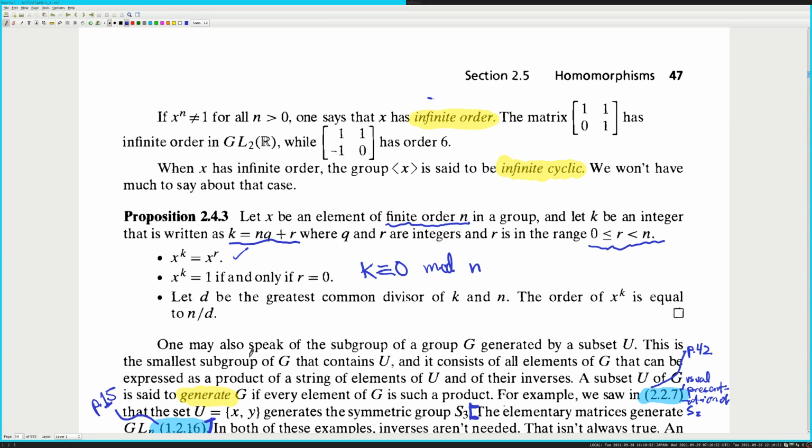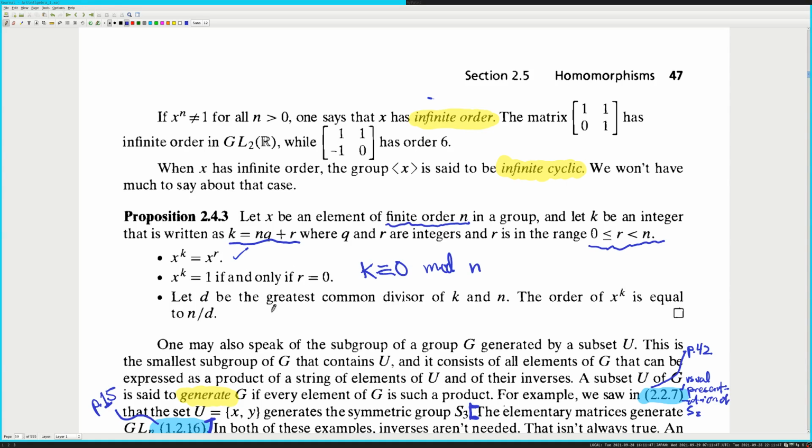Let d be the greatest common divisor of k and n. Okay, so let me reframe it as this.